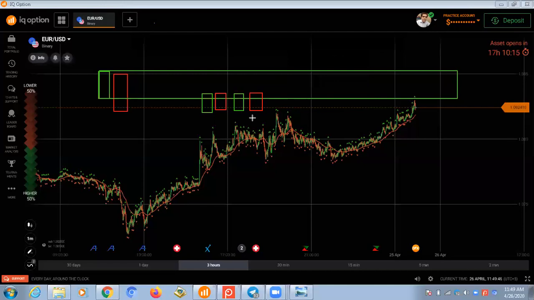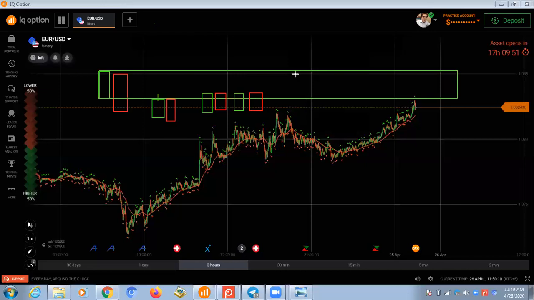That's why sellers and buyers are trapped in this area. If you are a beginner and you don't know about the supply and demand zone, when price comes to this level and rejects, you can say, oh yes, now this is the resistance level, and next the price can go down. At this time you are right.